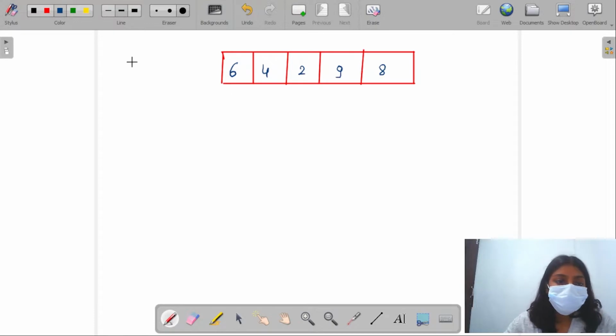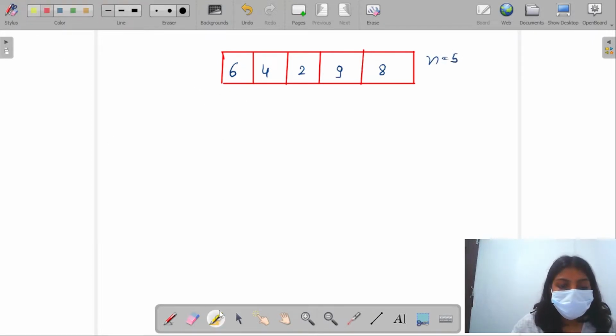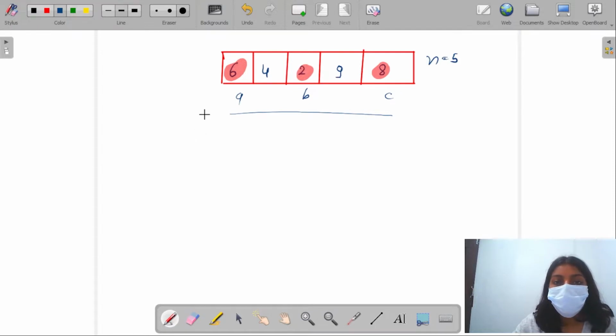So let's say n here is equal to 5. If I take these three elements as three sides of my triangle, let's say this is A, this is B, this is C. Now I check if these three sides form a triangle or not.